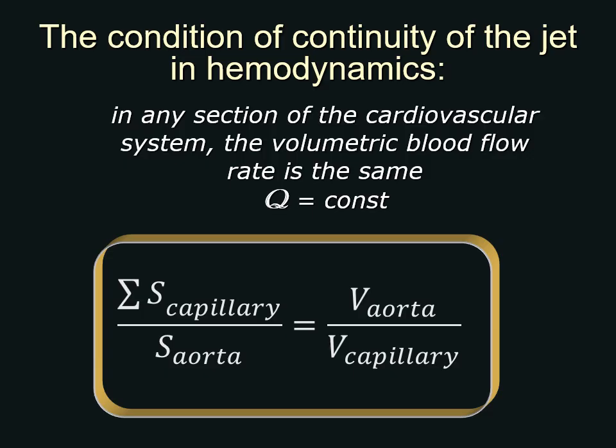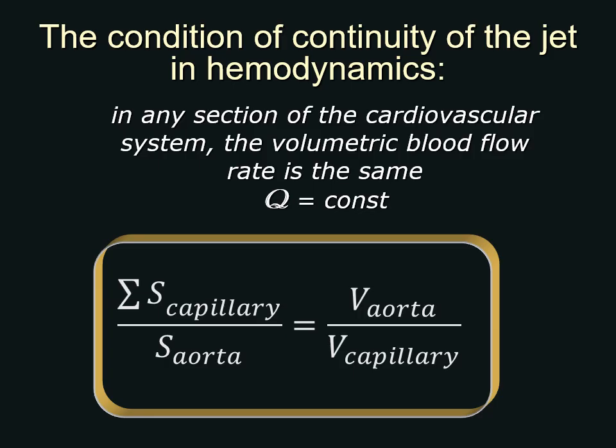Therefore, when we make calculations to fulfill the conditions of continuity of the hemodynamic jet, we do not consider individual vessels, but the total cross-sectional area at an appropriate distance from, say, the heart.